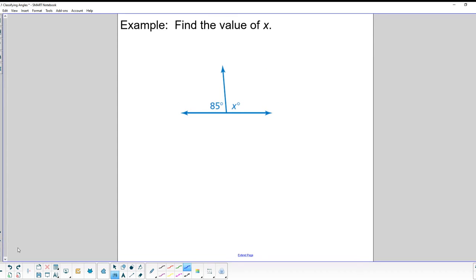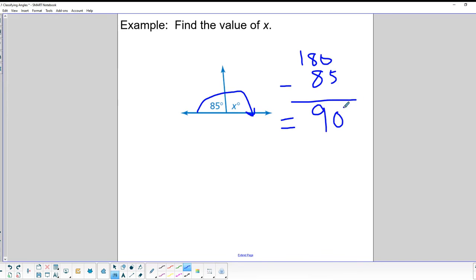Okay, how about these two? These two angles, if you notice, add up to a straight angle, or a 180-degree angle. So to find x, we just do 180 subtract 85.